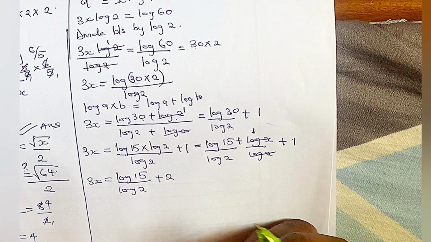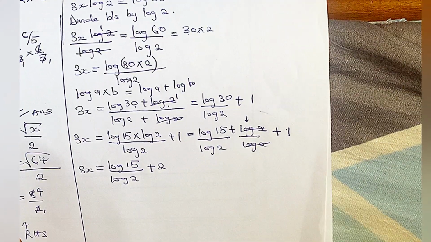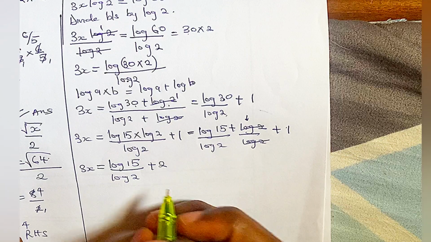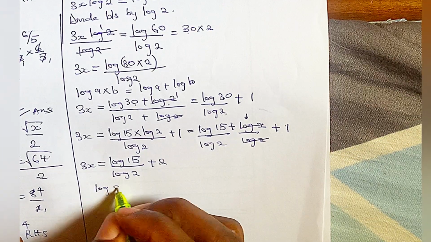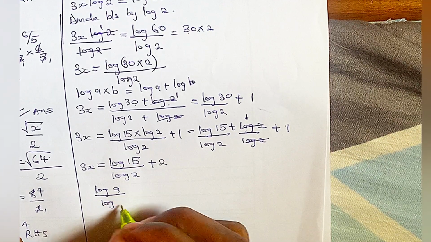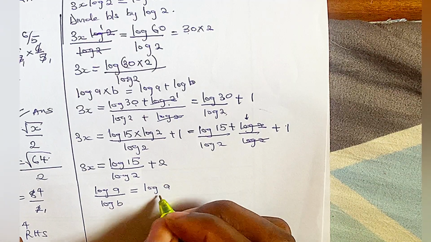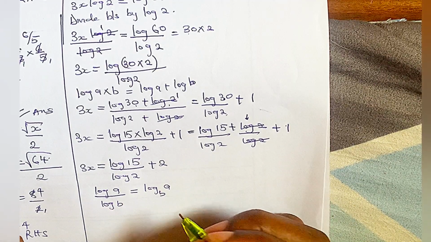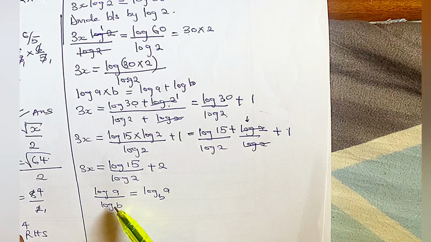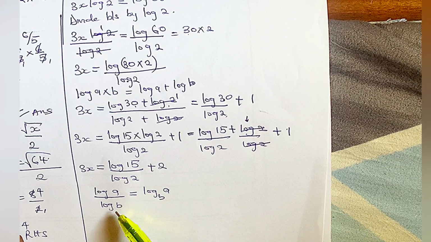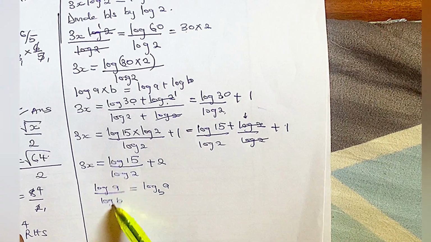2. So let's do a change of base in this equation at this point. When you have log a over log b, it is the same thing as log a to the base b. So at this point, you can change the base of this logarithm to the denominator.